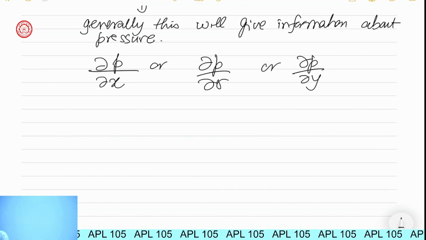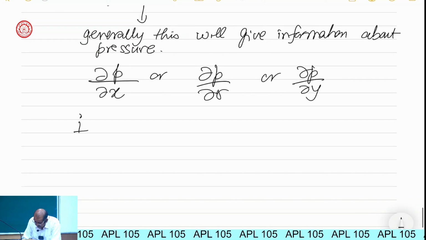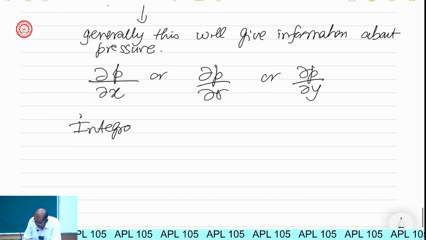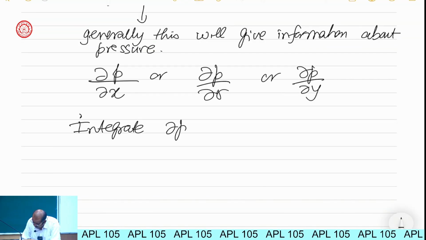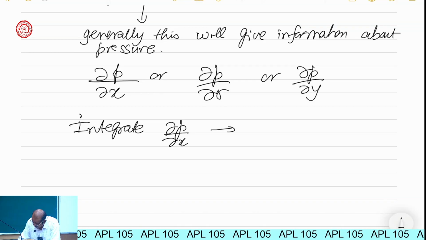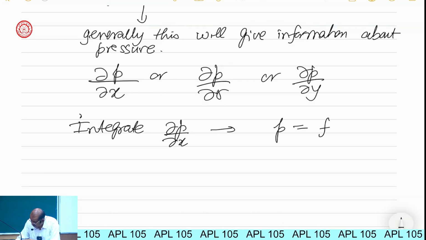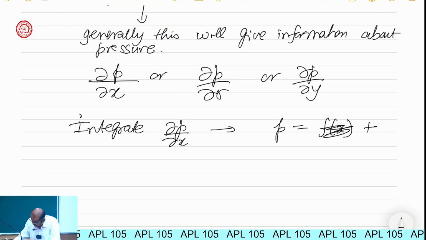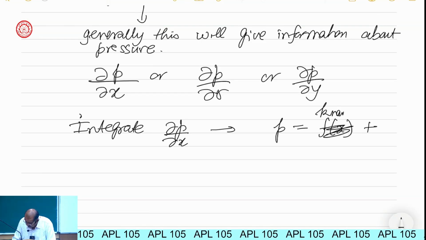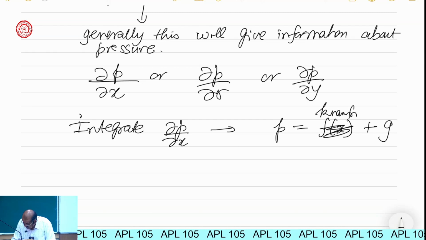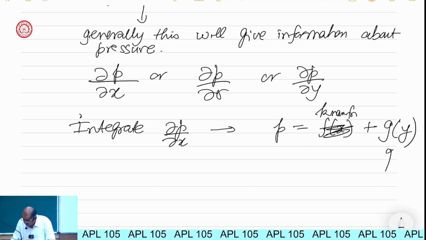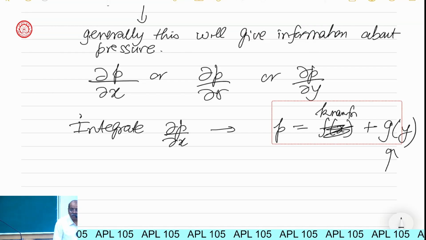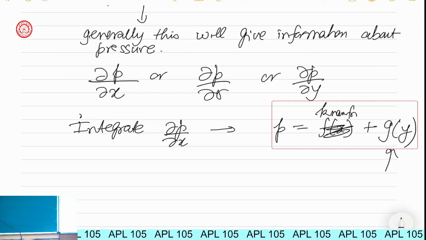And when you integrate, this will give you P is equal to some known function, plus now this constant will be a function of the other variable.